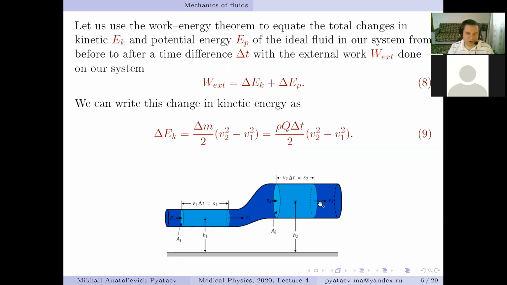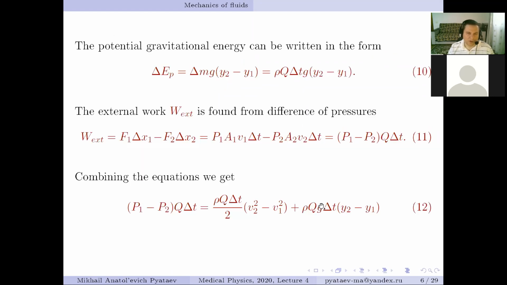In the other region, the pressure does negative work, because the external pressure is directed opposite to v. That's why we have a minus sign here, and we have the pressure difference P1 minus P2 in equation 11.